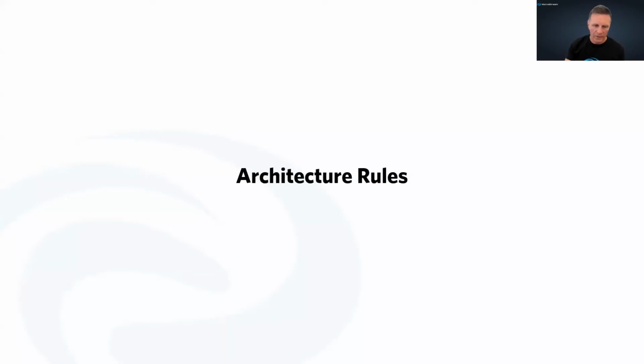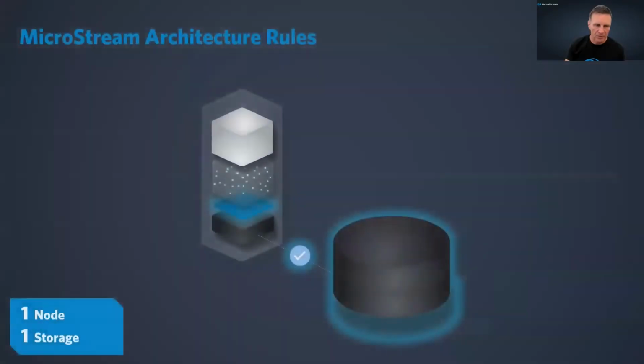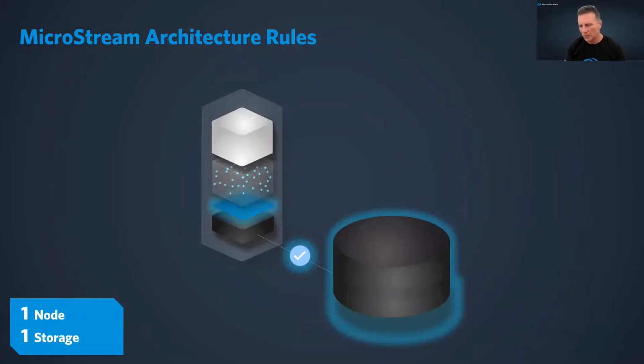There are also some architecture rules. MicroStream is a single-node storage. MicroStream runs within the same JVM process as your application or your microservice. It's built to persist the data of a single JVM into one data storage.